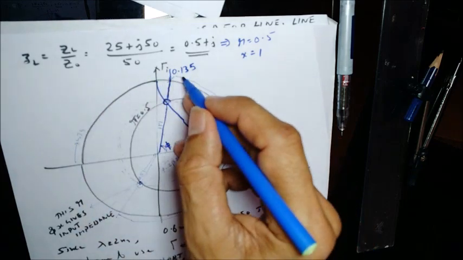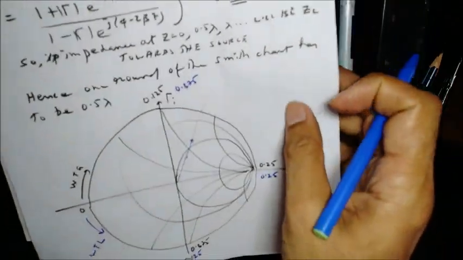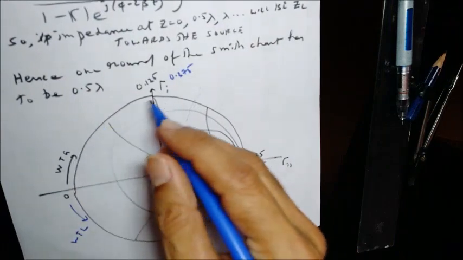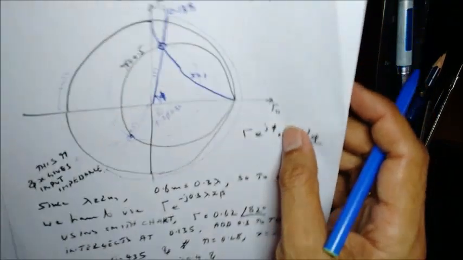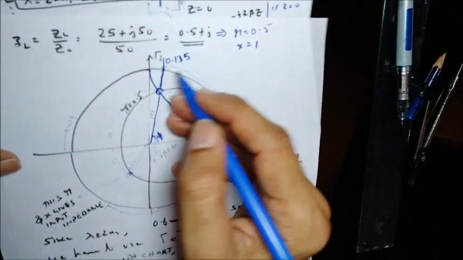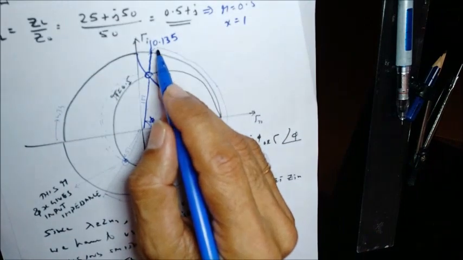So as I said earlier, on wavelengths towards generator you have 0, then 0.125, 0.25, 0.375. So in this case it is intersecting with 0.135; 0.125 will be somewhere here.